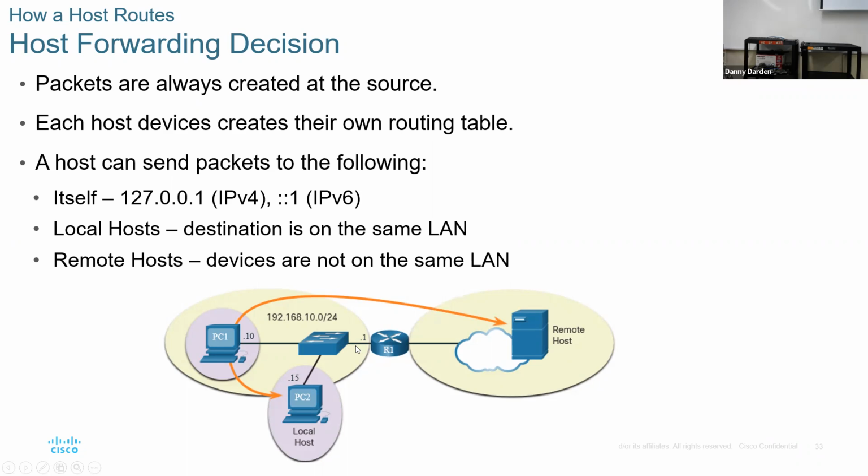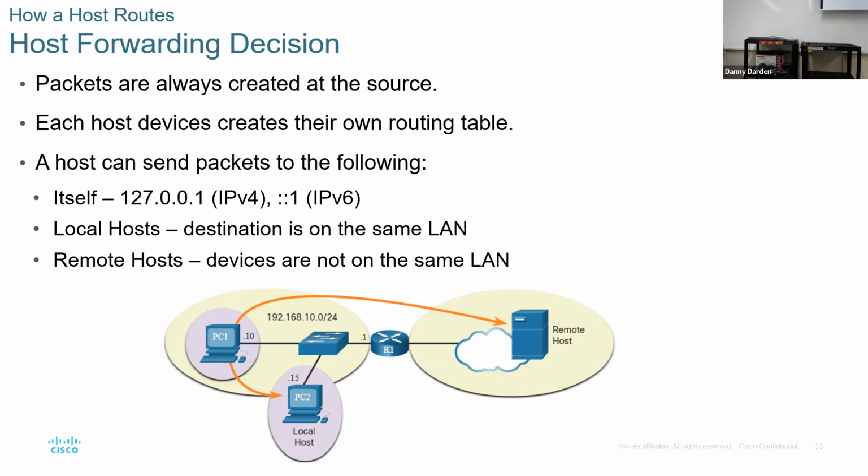But what is local to this router? Would it be a switch and the computers? Yes, the switch and computers. The network that is local is 192.168.10.0, and we put /24 on the end of it.